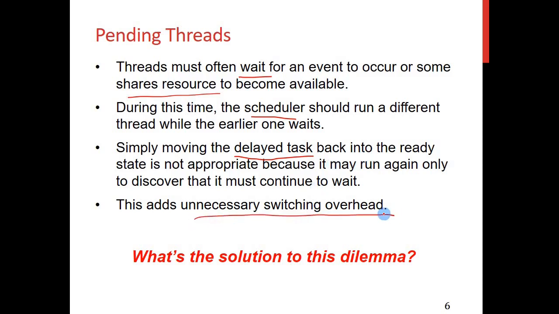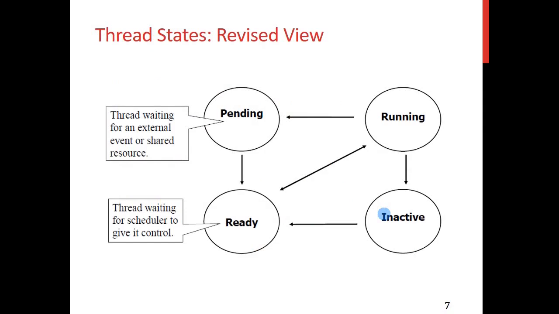So what is the solution to this? It is to add another state which we call the pending state. A pending state means that a thread is waiting for an external event or some shared resource to be available.